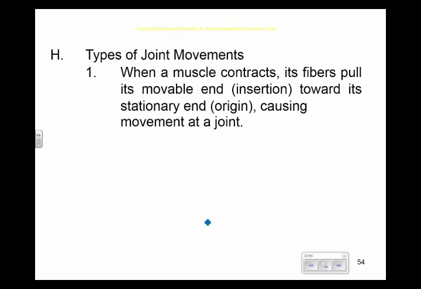When it contracts, one of those ends where it attaches to a bone doesn't move, and the other end approaches the end that's not moving. So it tends to get fatter when it contracts.